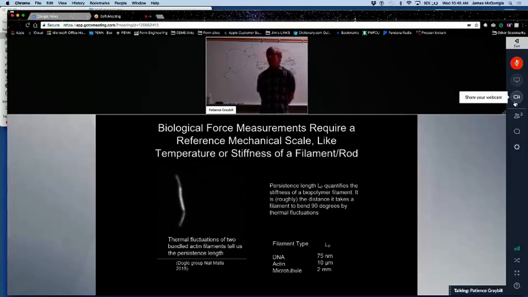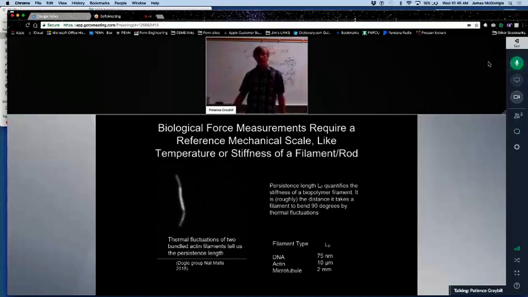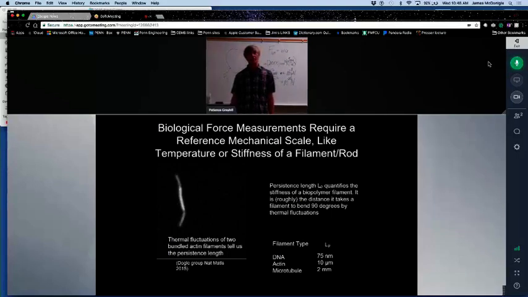And can anybody guess what the persistence length of a piece of spaghetti would be? Imagine you had a very, very long piece of spaghetti. Anybody care to hazard a guess? Kilometers?